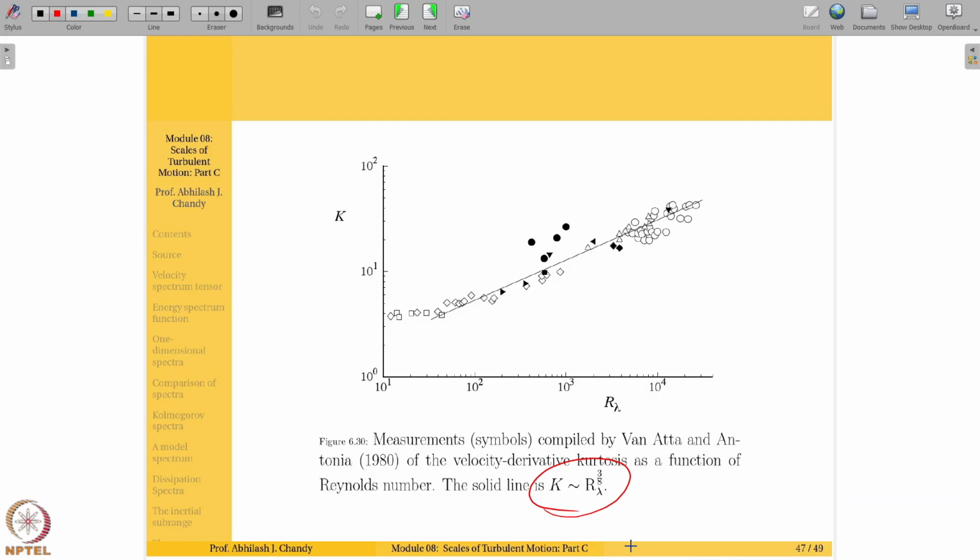So this module covered a lot of different things. We started by talking about the velocity spectrum tensor. Then we went on to describing the energy spectrum function. We talked about the 1D spectra and how the spectra vary. We looked at different kinds of scaling. We normalized it to see the universality of the spectra.